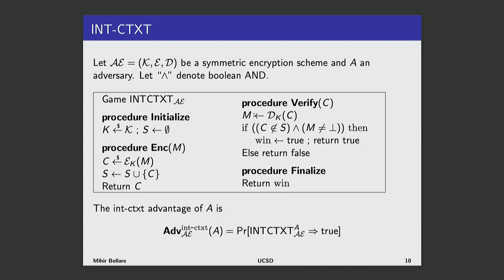The adversary may not know ahead of time what will come out because it doesn't know the key, but it's hoping that this will be a message, a string, and not the bot symbol. And that's what the game checks. So if what comes out is different from this rejection symbol, that's all it takes. At that point, we set this flag to true, and the game will return it, and we're saying our adversary has won. So again, very simple way to win. All you have to do is somehow manage to ensure that decryption creates a string that's not the reject symbol.